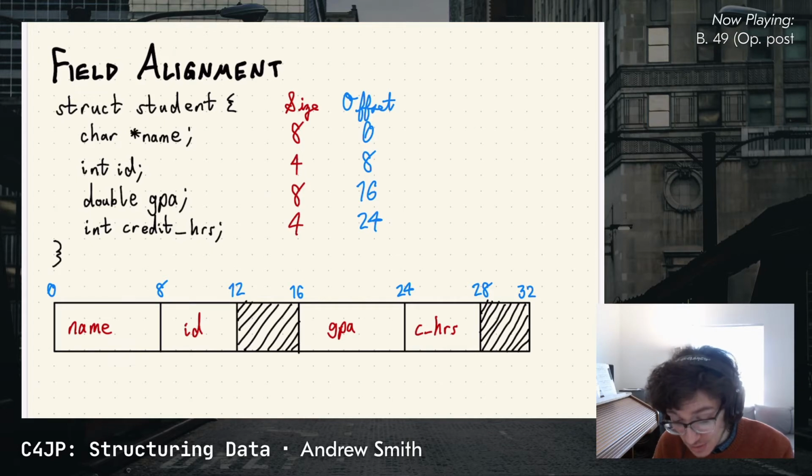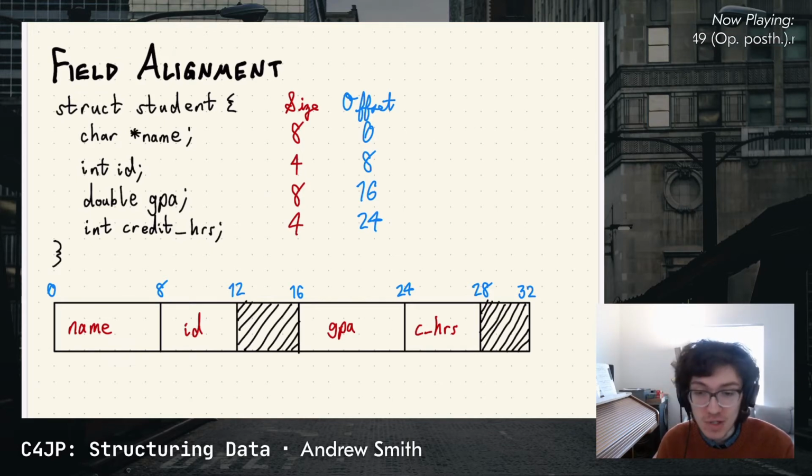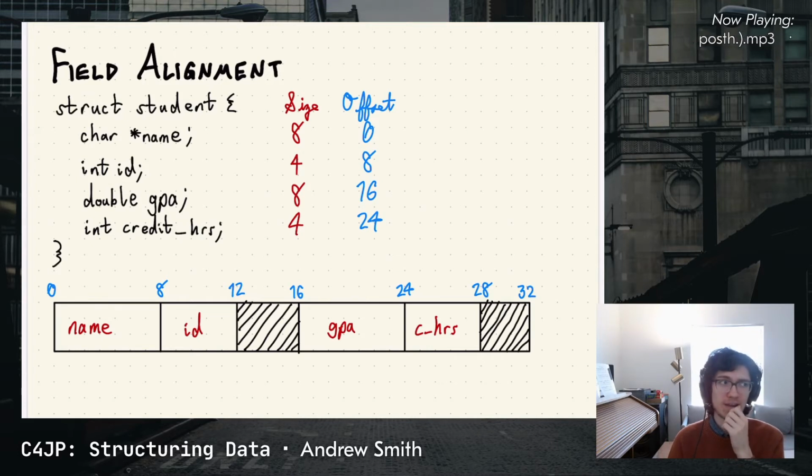A really good example of why you might want things to be unaligned is an old image file format called TGA or Targa. This was an image format that was used back in the days of DOS and early desktop publishing. It was one of the first image formats to support true color, where you could have 24 or 32-bit colors that allow you all the fancy colors that you see on the screen today.